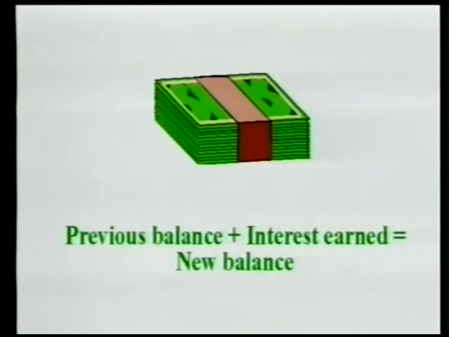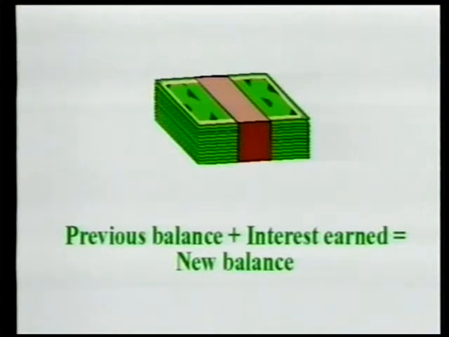To be able to get a formula instead of having to do the math manipulation we just saw every time you get ready to figure out how much money you will have at the end of a certain number of years, the pattern yields the formula of your previous balance being added to the interest earned, equaling your new balance.